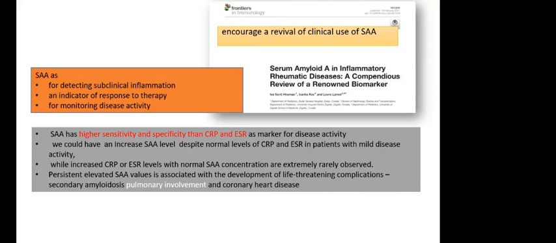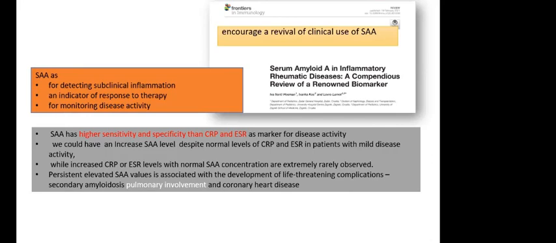One observation showed that serum amyloid level has higher sensitivity and specificity than CRP and ESR as a marker of disease activity. We could have an increased serum amyloid level despite having normal levels of CRP and ESR, while an increased CRP or ESR level with normal serum amyloid concentration is extremely rarely observed.